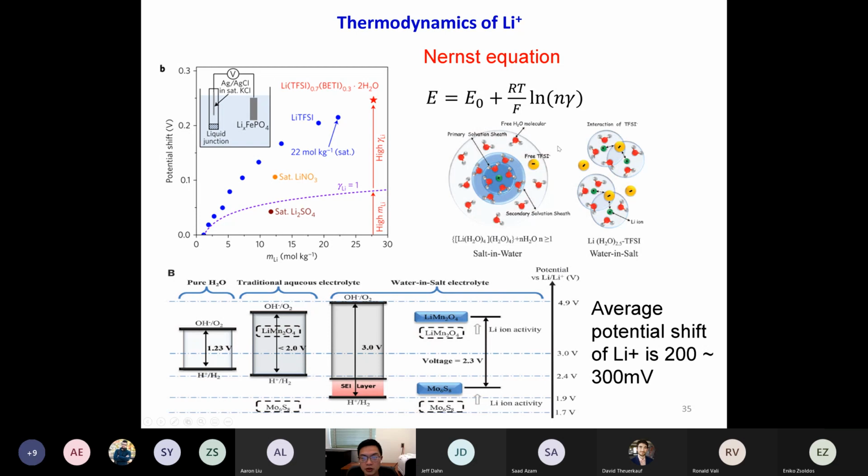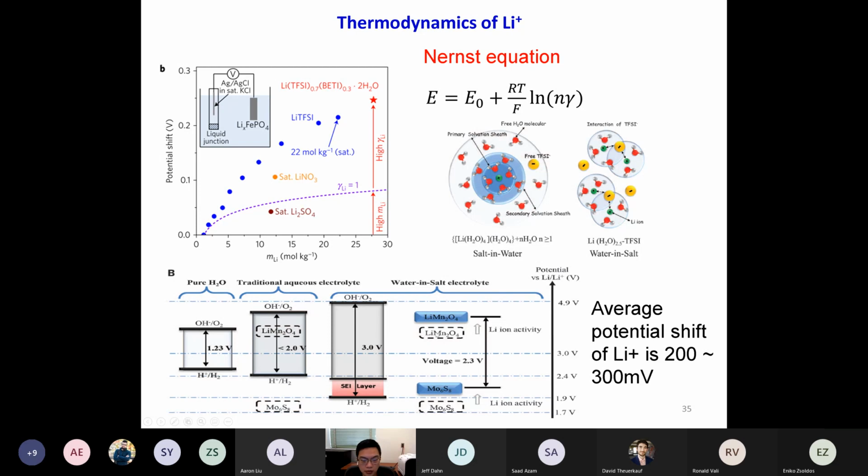So we think that's mostly due to the dramatic change of the lithium ion solvation structure. So that's very complicated stuff. So we don't talk about the details today.